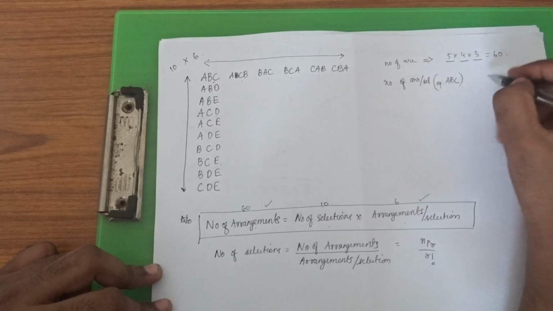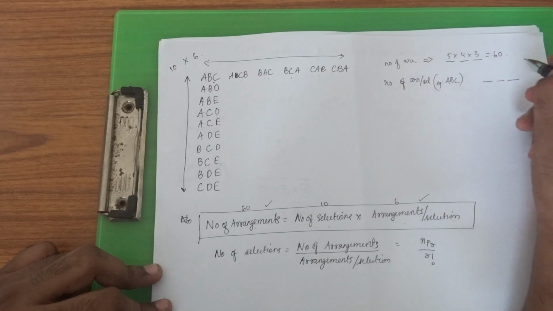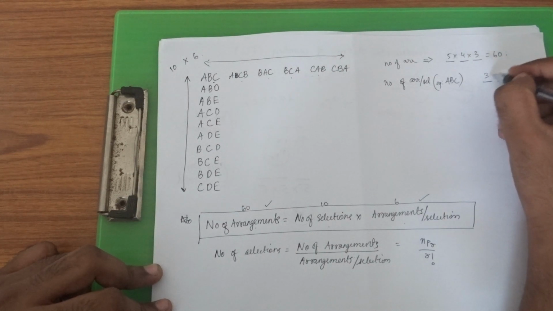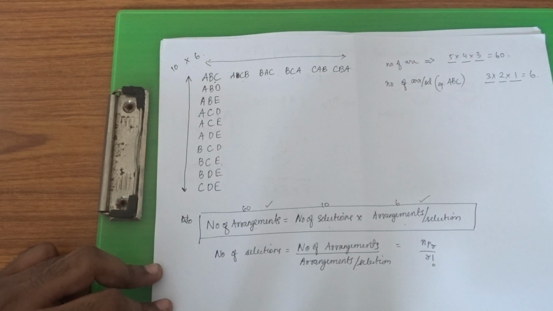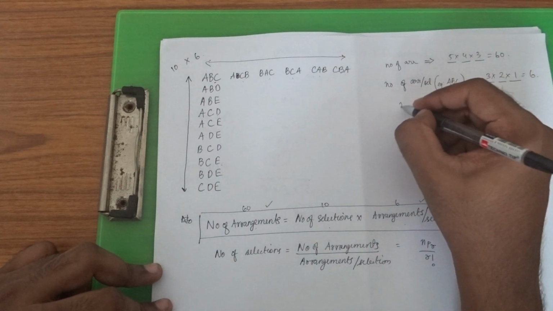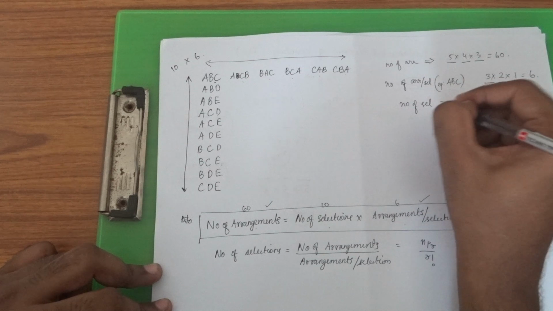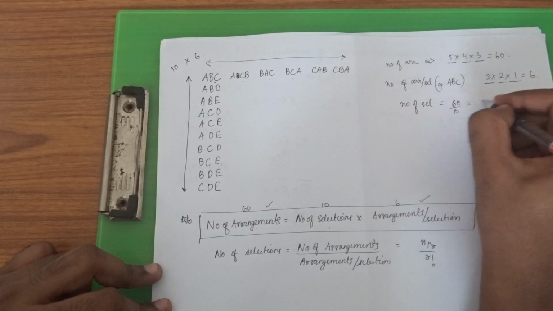How many ways can I arrange this? I have 3 dashes and I have 3 letters to choose from. 3 into 2 into 1. I have 6 arrangements for each selection. That means the number of selections is 60 by 6 equal to 10.